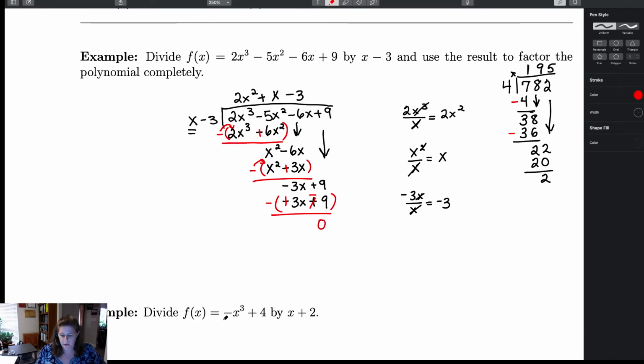Now you notice that we have a polynomial up here on the top, and that is our quotient. So we have our divisor over here, the x minus 3, our quotient on the top, and if we had anything here other than 0, that part would be our remainder.